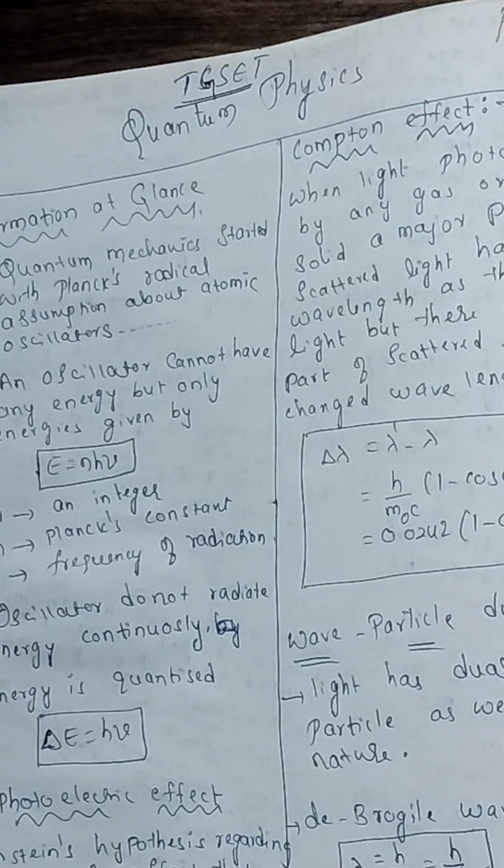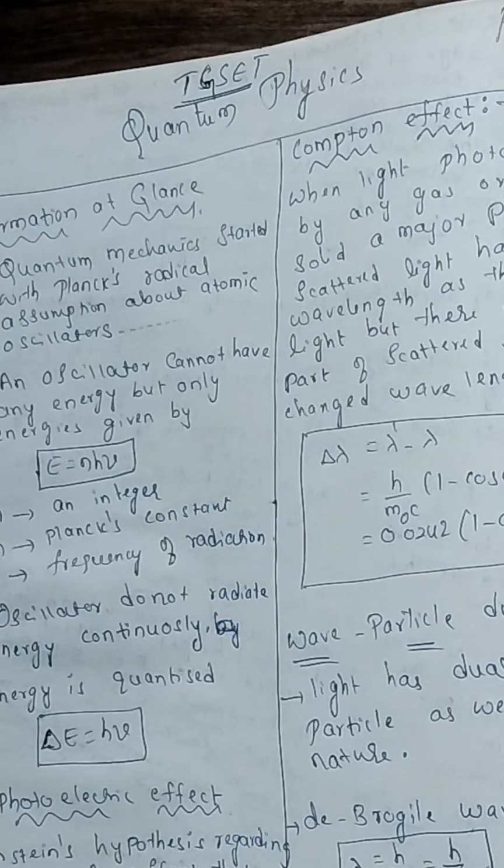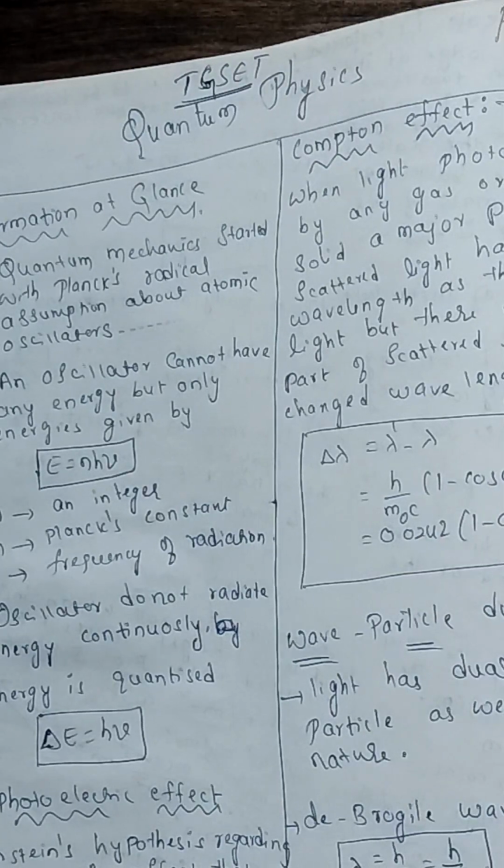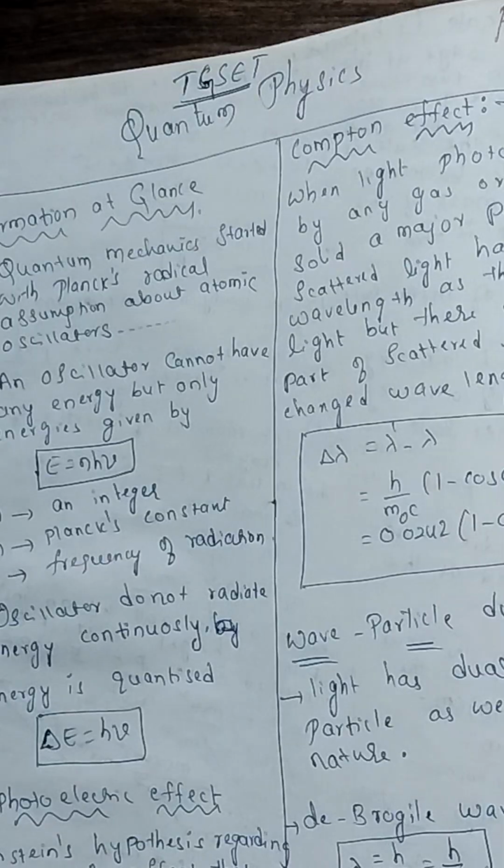So now here, classical physics explains about macroscopic objects, meaning the large objects whose velocity, momentum, etc. properties can easily be predicted.